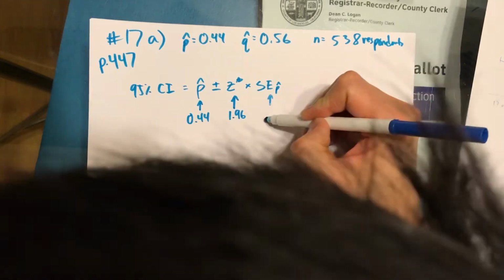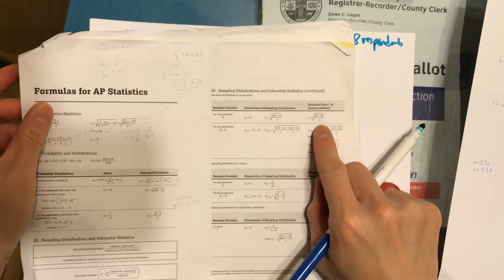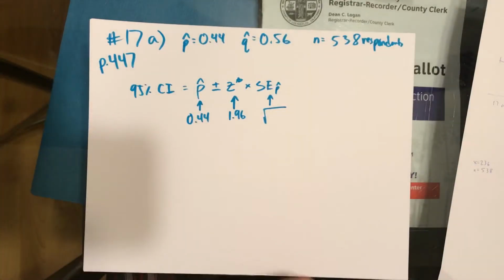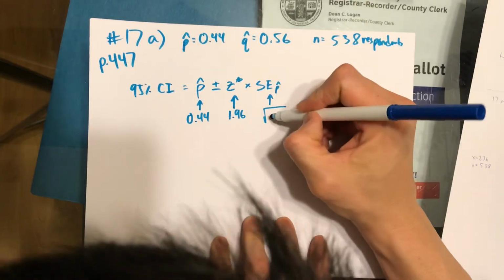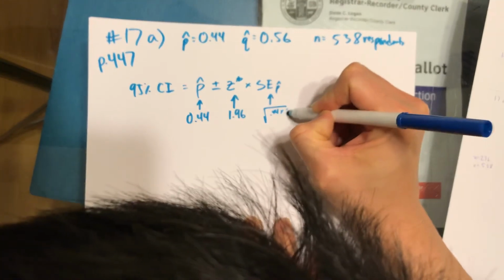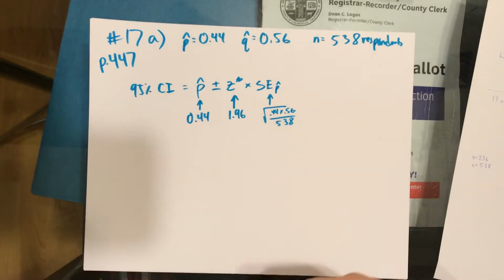And this one is the standard error of p hat. It's on your formula sheet. p hat times q hat all over n, in the square root. All of it over n in the square root. So this would be 0.44 times 0.56 over 538. Okay.